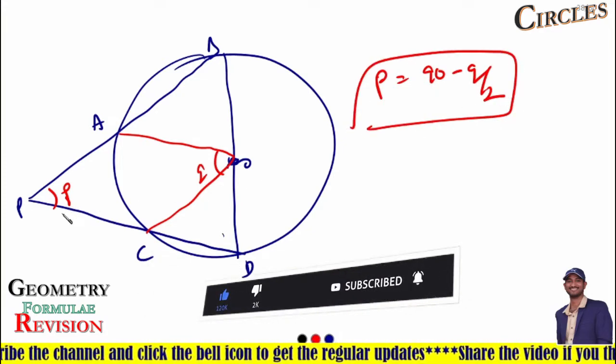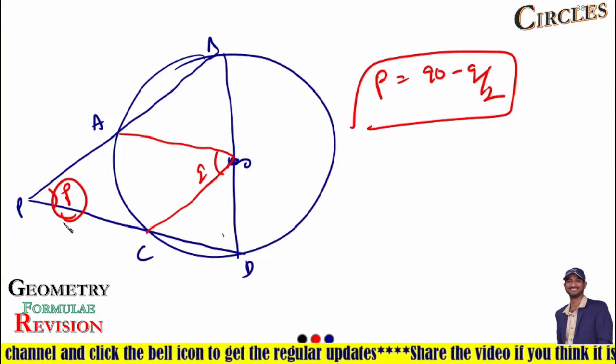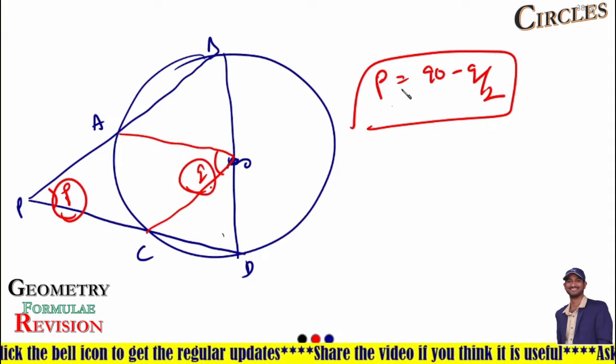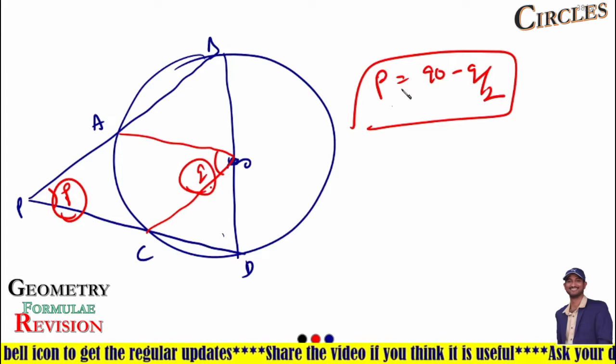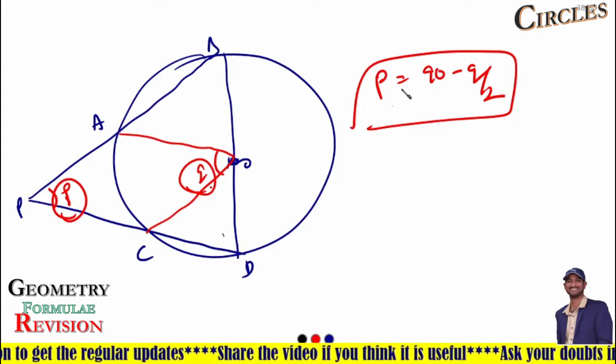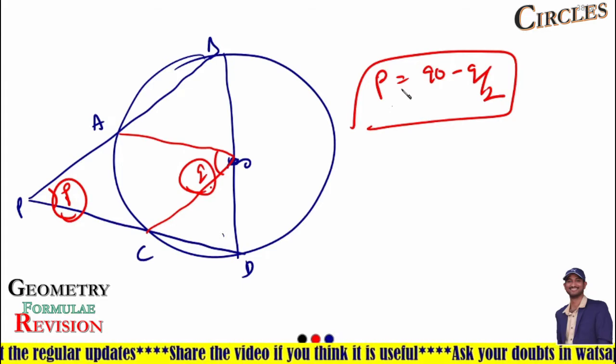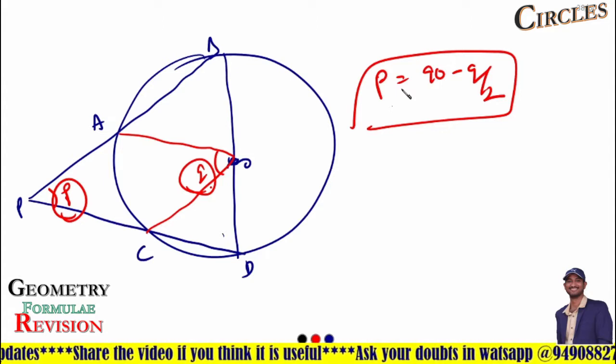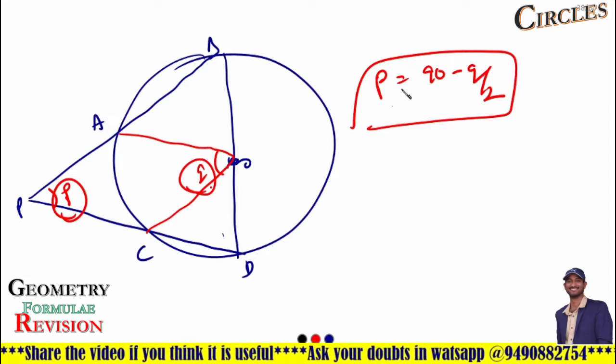This angle between the secants is 90 minus Q by 2. Direct formulas. I told you proofs are in the paid course, but here we are only revising the formulas. So based on the diagram, you have different formulas. If you remember the formula, we can solve it in very less time.